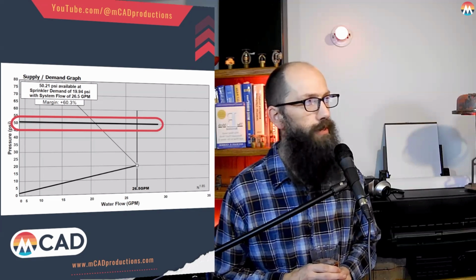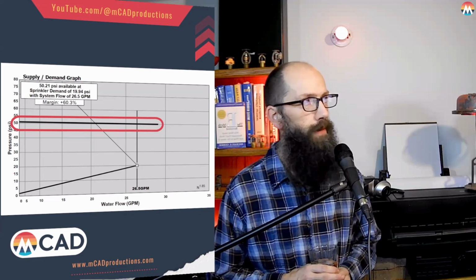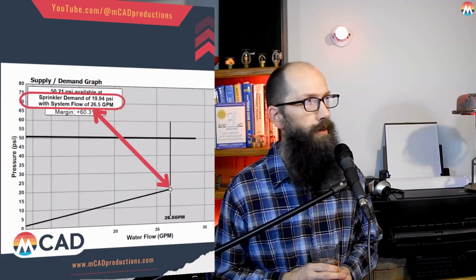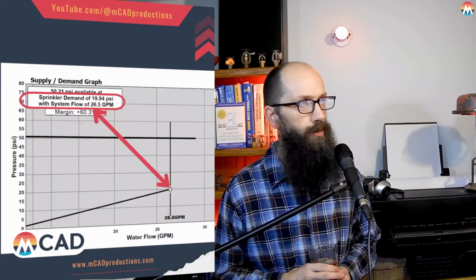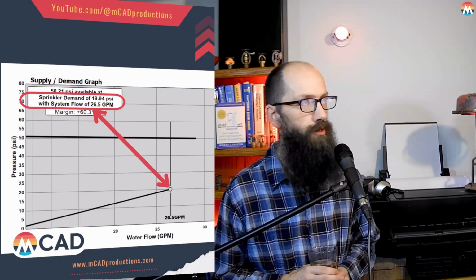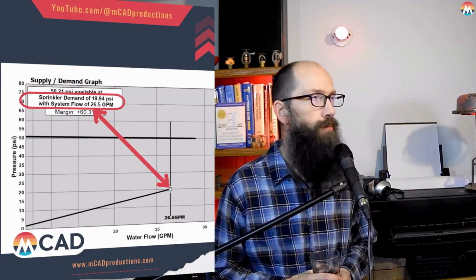So let's see. You'll notice the demand is well below this line. What we actually need is 26.5 GPM at 19.94 PSI.